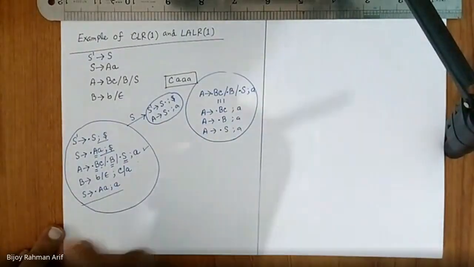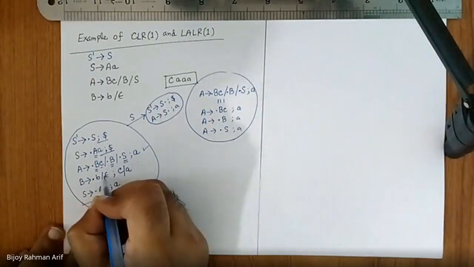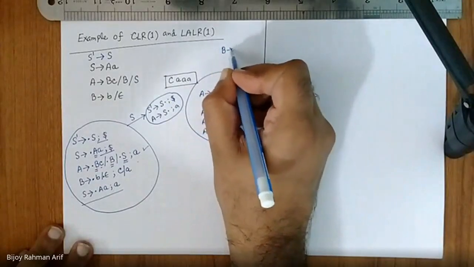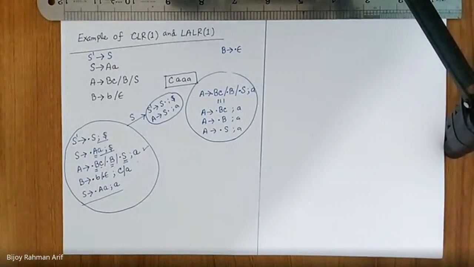Now one production is left: B derives dot epsilon. What is this? It is very important.